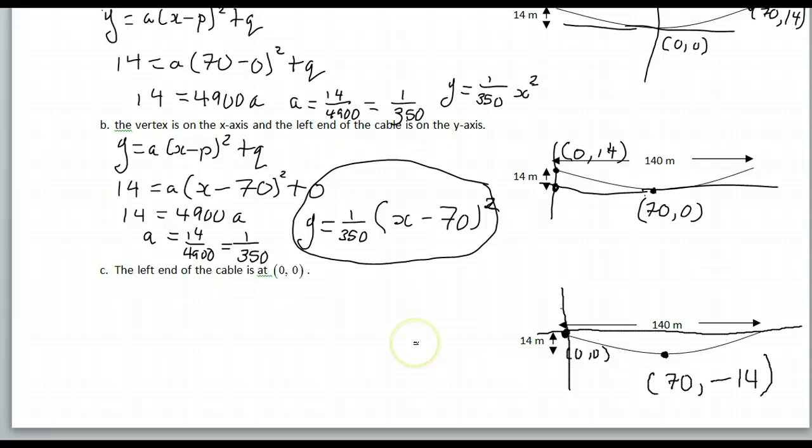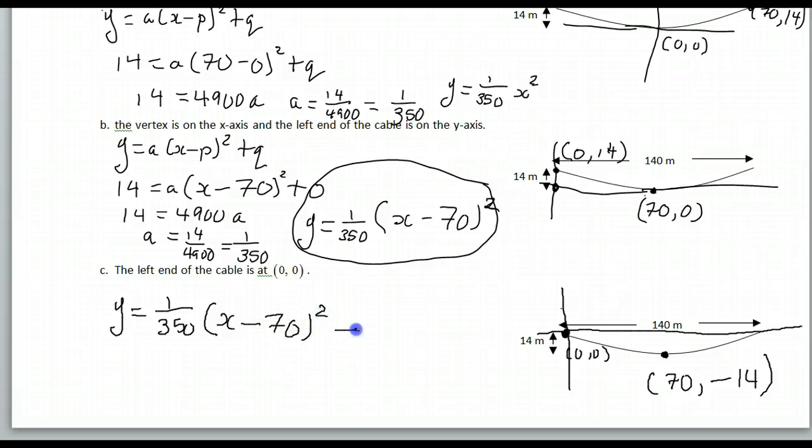The shape has to be the same, so the a value will be 1 over 350, and we have our p and q, so this will be y equals 1 over 350 times x minus 70 squared, minus 14, since it's gone down 14. And this concludes equations of parabolas.